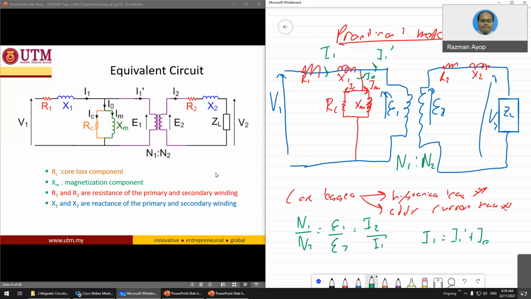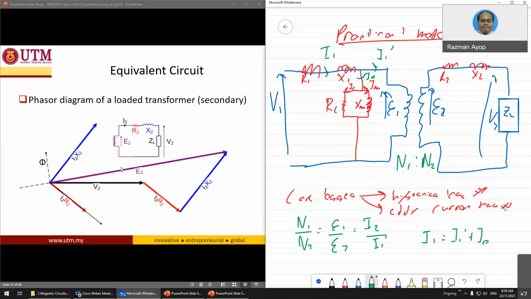So this is the full model of the practical transformer. This is I0, IC, IM. Make sure you know the current, the voltage, the resistance, then the X, and make sure you know what all represent: the reactance, the resistance, the magnetizing component, and the core losses.